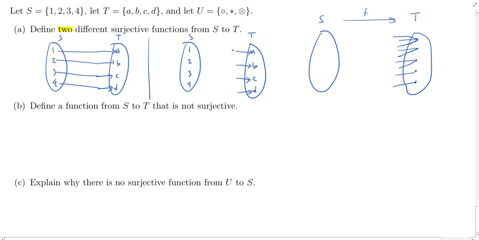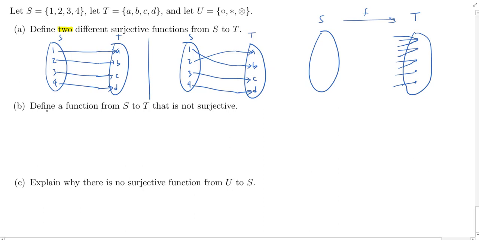And we just don't want it to come straight across because that's the function we already had. So, how about this? I'll take the A and have it come from the 2, and the B could swap and come from the 1. And we do the same thing for the 3 and the 4. So we've just crossed two of the lines. That's a different function, and we found two different surjective functions.